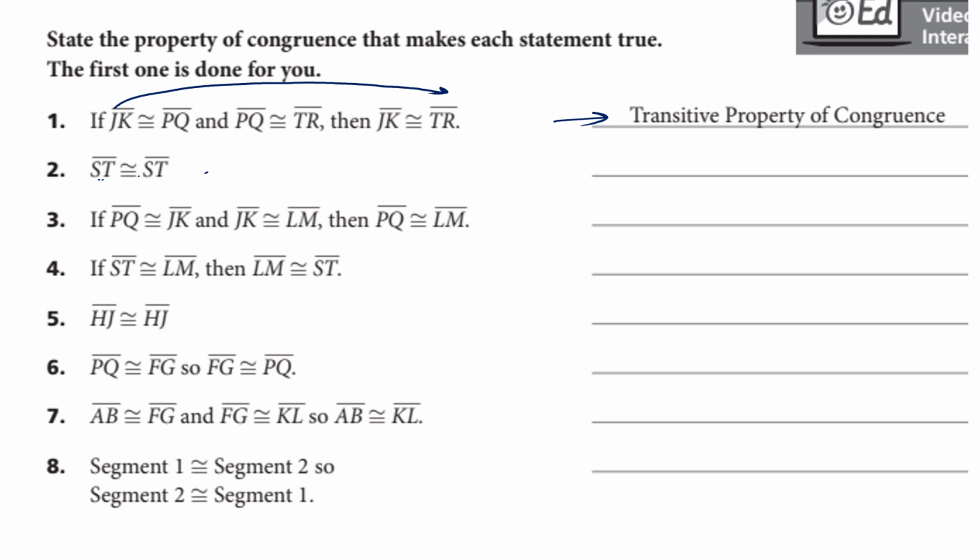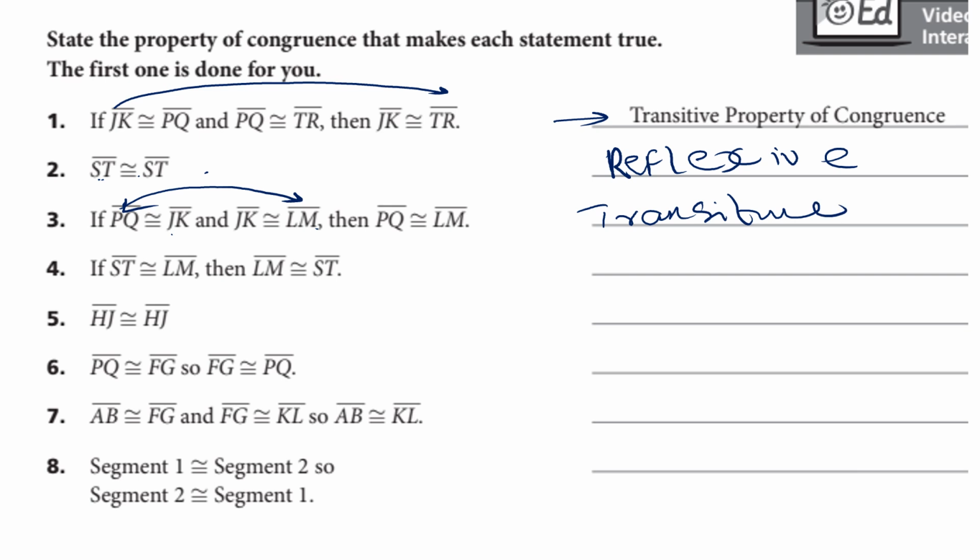It is reflexive property. Next, if PQ is congruent to JK, JK is congruent to LM, it means PQ is congruent to LM. So this is which property? Yes, it is transitive property.